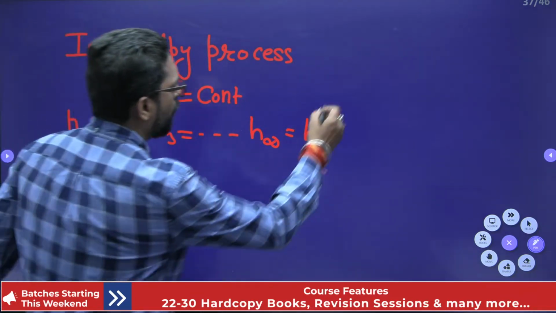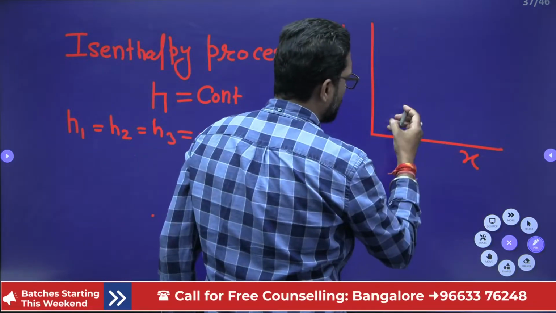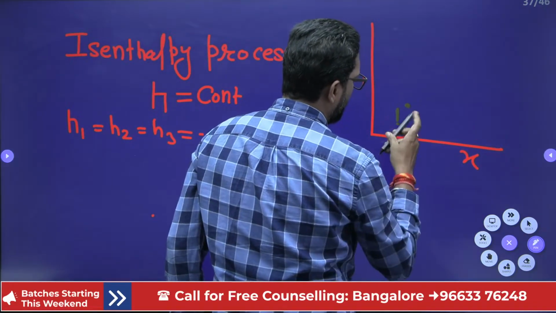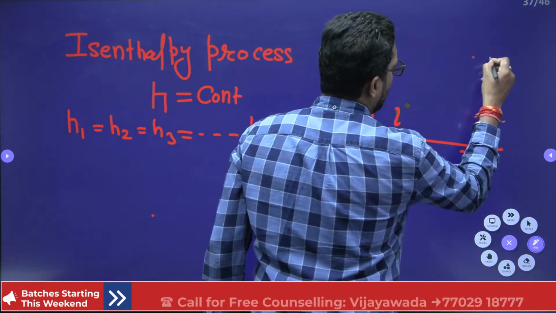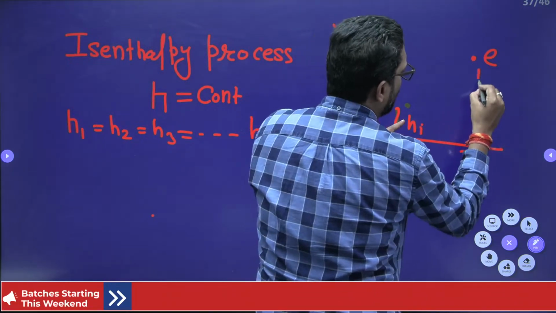But throttling is a process in which, this is Y, this is X, this is your inlet 1, let's suppose, and this is your exit. At this point Hi is equal to He.